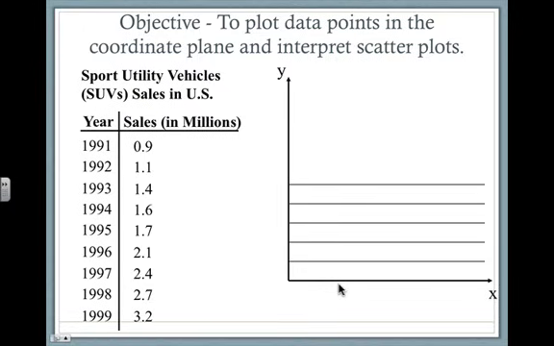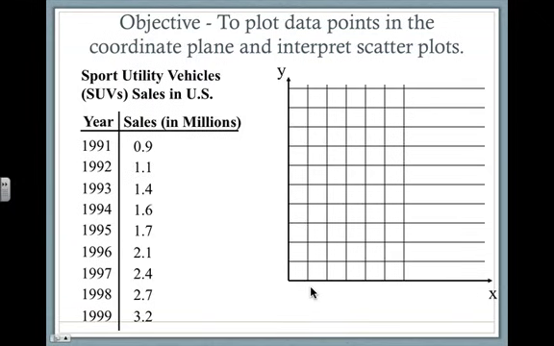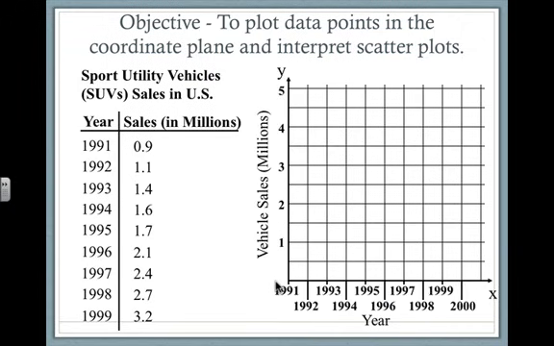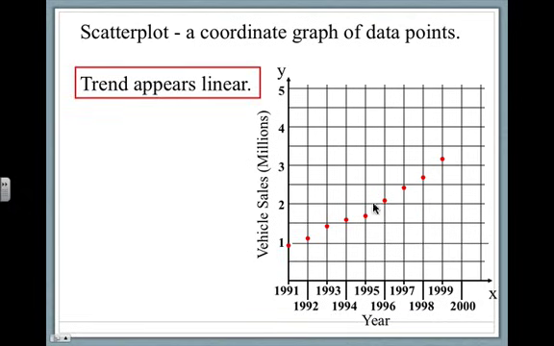So if we're going to graph this on a grid, what you're going to find is that there is actually a positive correlation here, because when we plot these points, here's 1994 and 1.6, 1995 and 1.7, etc. So we plot these points and note that they're not in a straight line relationship, but the trend appears linear here.